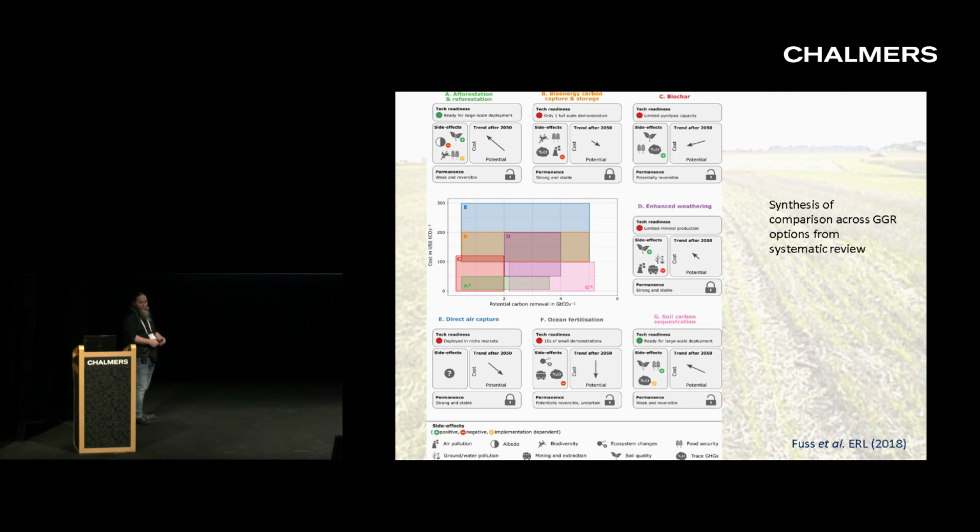This is from a big systematic meta-analysis of the literature. It's got a large potential here at relatively low cost, in fact, going down to cost negative. So it occupies a space on this negative emissions parameter space, which is low cost and actually gives us quite a large potential.